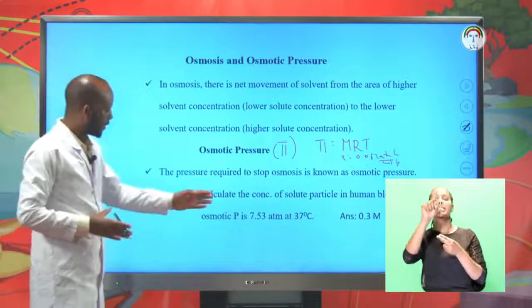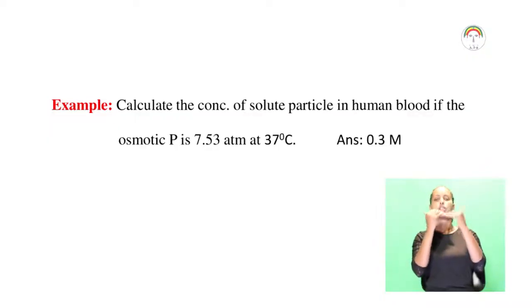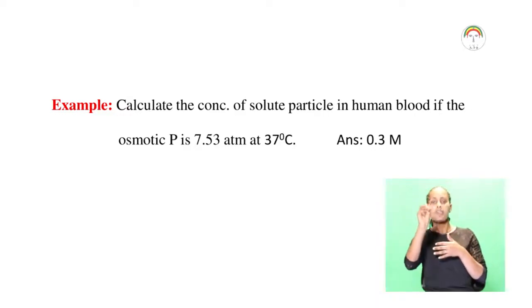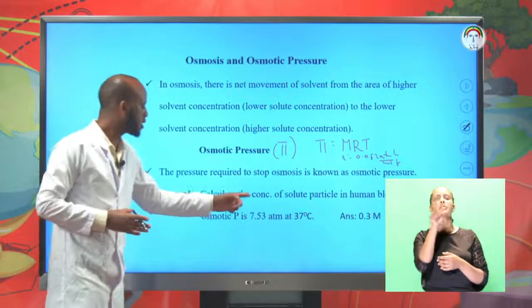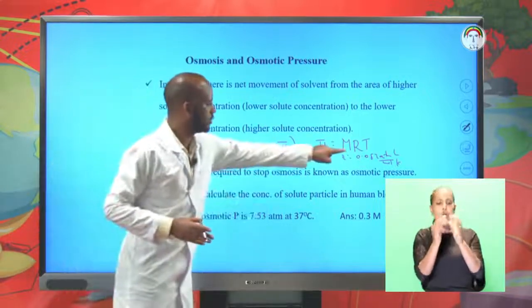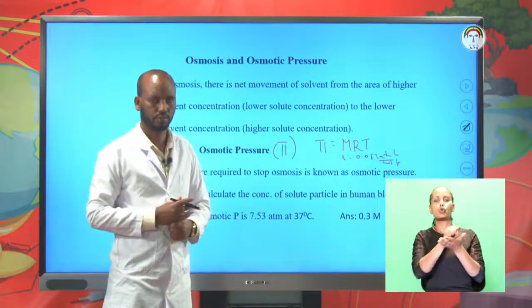For example, calculate the concentration of a solute particle in human blood if the osmotic pressure is 7.53 atmosphere at 37 degrees centigrade. You are asked to calculate concentration of the solution.